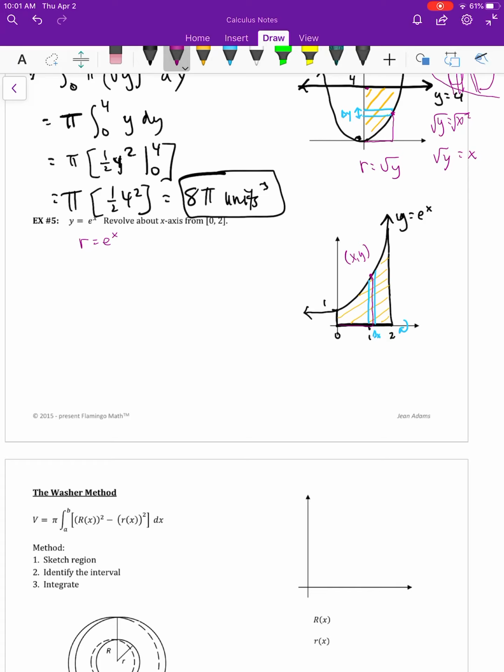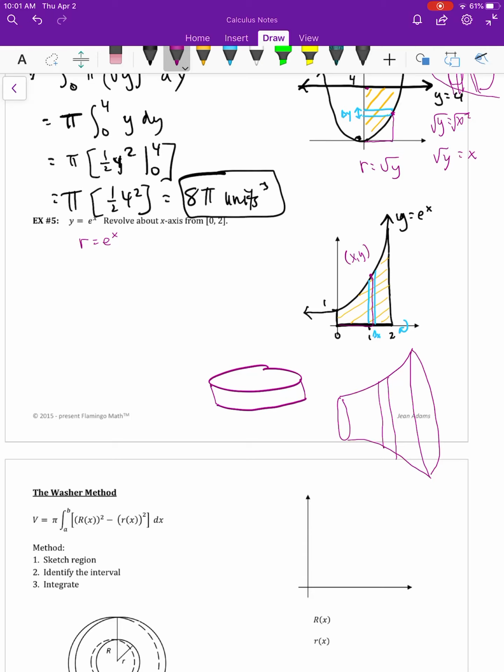Again, you are imagining that this spun about the x-axis, it kind of looks something like that. It's going to end up being that figure. So if I just took a slice of it right here, that slice is this cylinder.